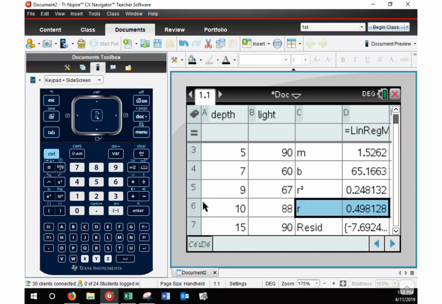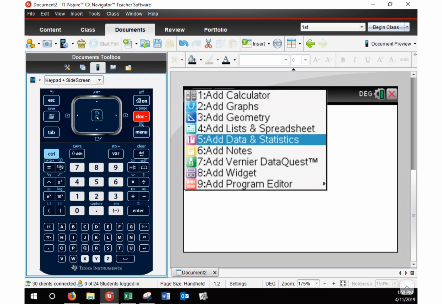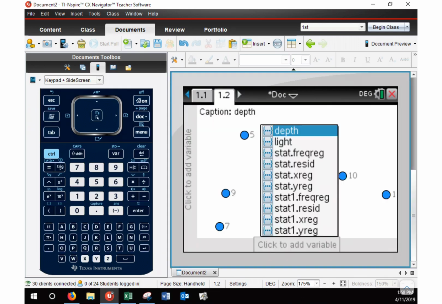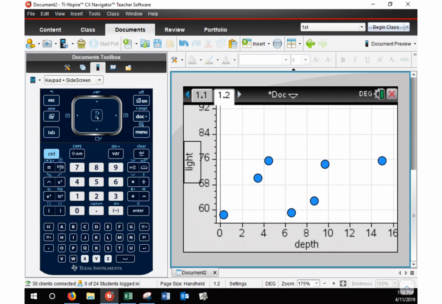Speaking of which, if we go to that control doc to add a page, Data and Statistics, we can add our depth and our light. Though now that I look at this, I think I was supposed to change something and I didn't. Instead of depth and light, it should have said homework and grade.